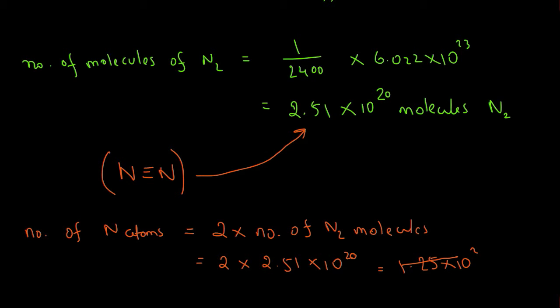Let's just get rid of that bit. So you would have 5.02 times 10 to the power 20 atoms of nitrogen. So that's how we do it.